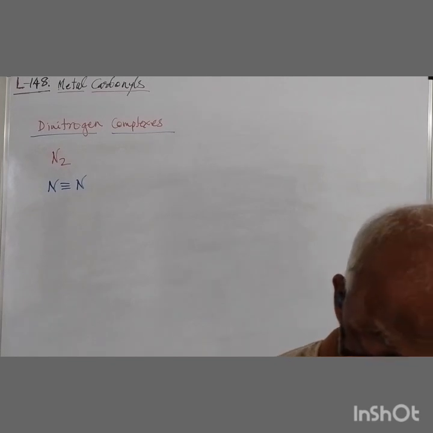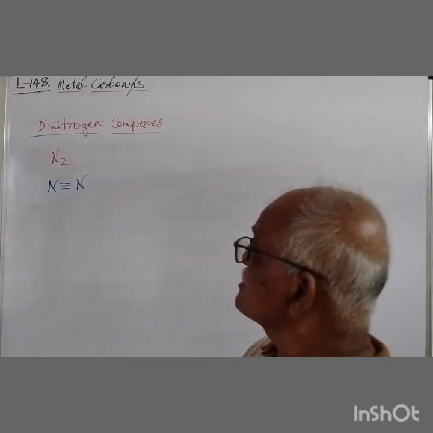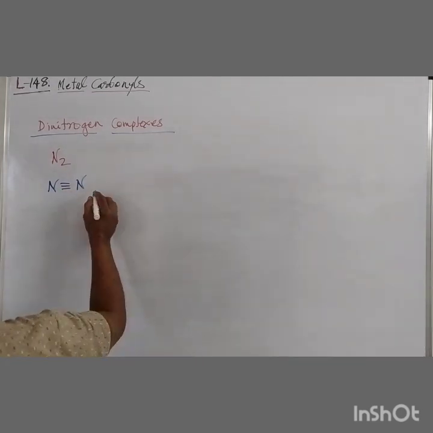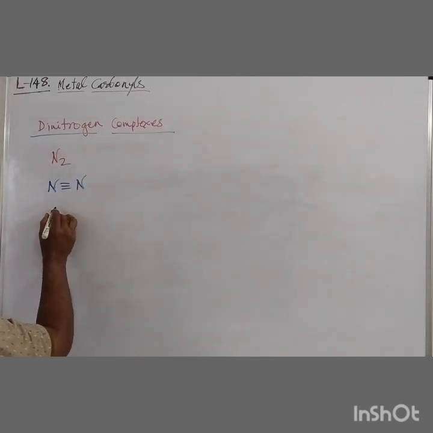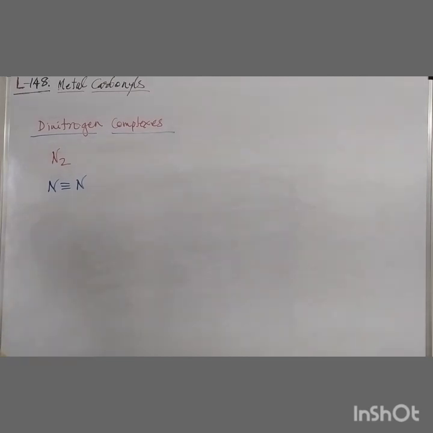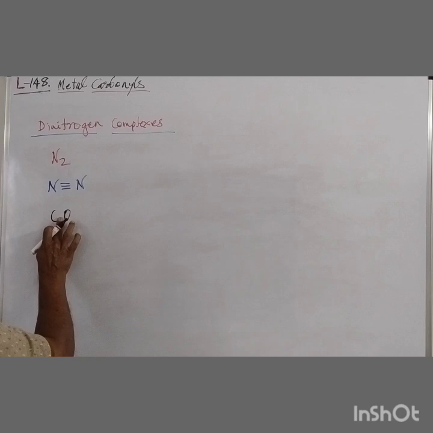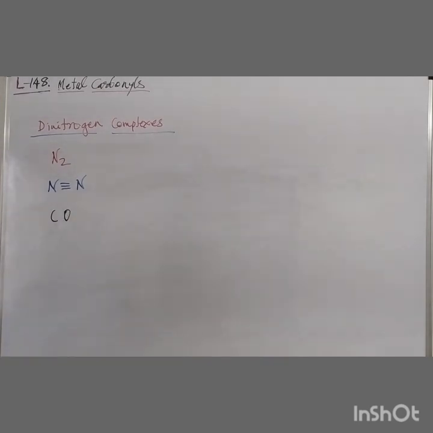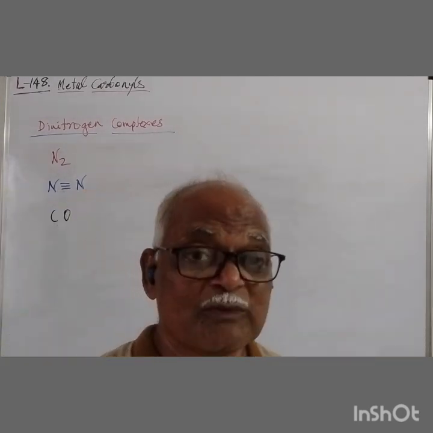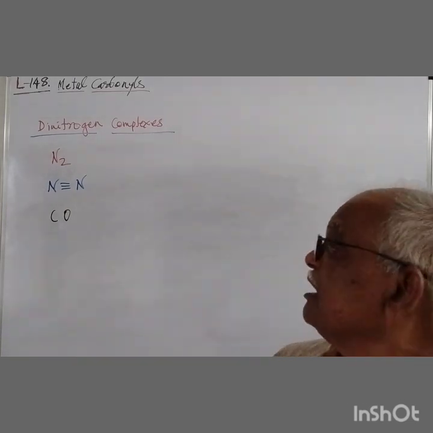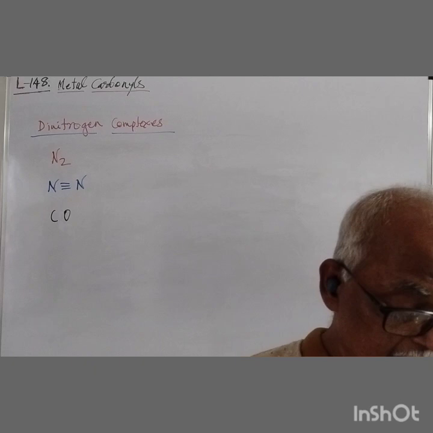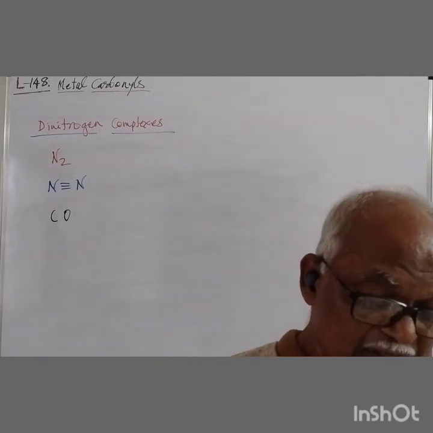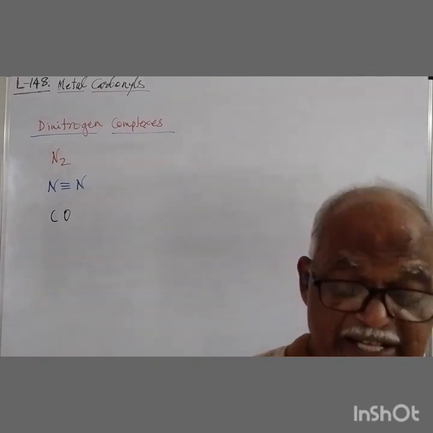If we see this dinitrogen, that is N2, it is isoelectronic with carbon monoxide. The number of electrons involved in bond formation in the carbon monoxide system and the N2 system are the same, so they are called isoelectronic.